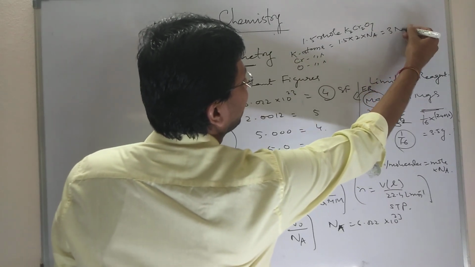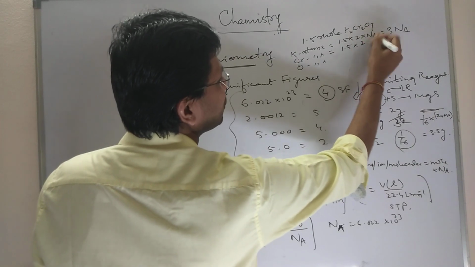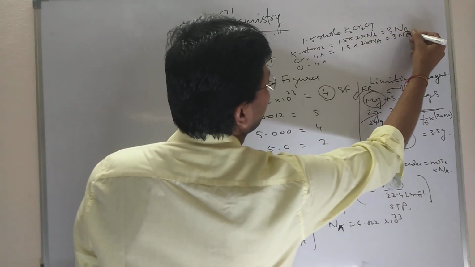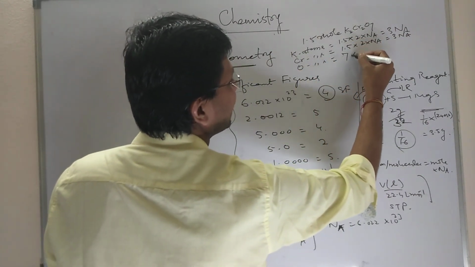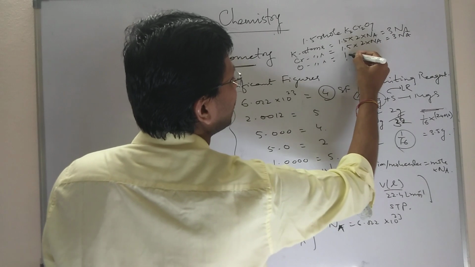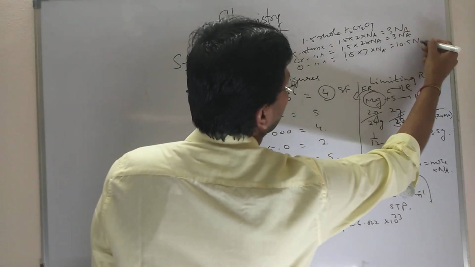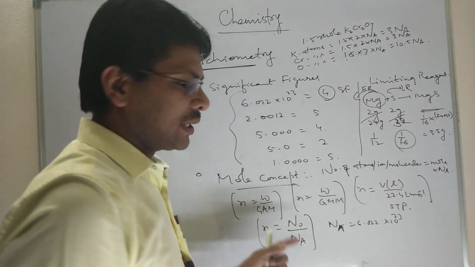So it will be 3 into Avogadro number. Similarly for chromium also this will be similar, so it will also be 3 into Avogadro number. If you want to calculate for oxygen atom, then it will be 1.5 into 7 into Avogadro number, so that means 10.5 into Avogadro number. This way they can ask you the question based on number of particles.